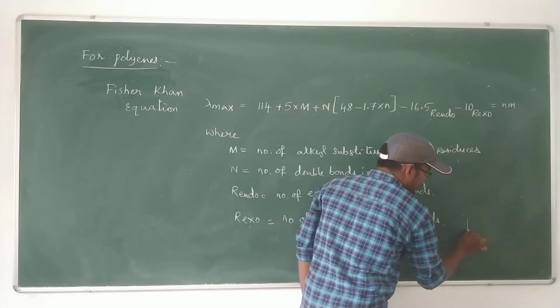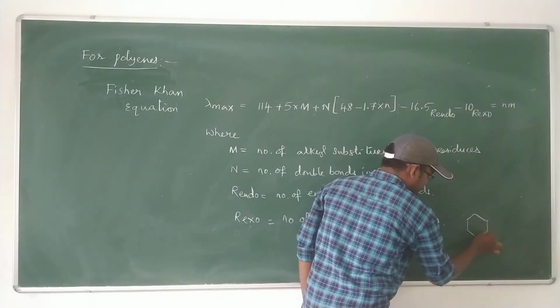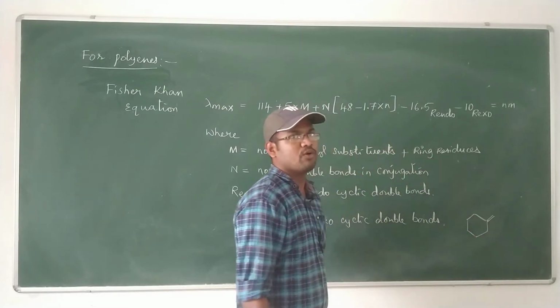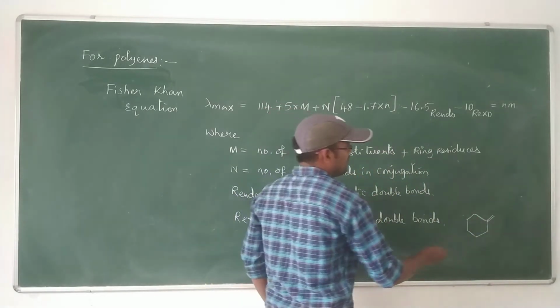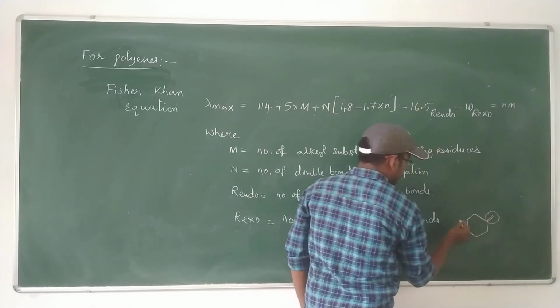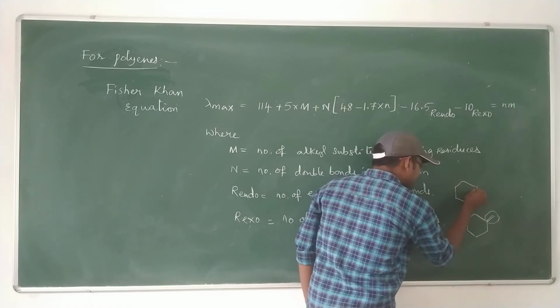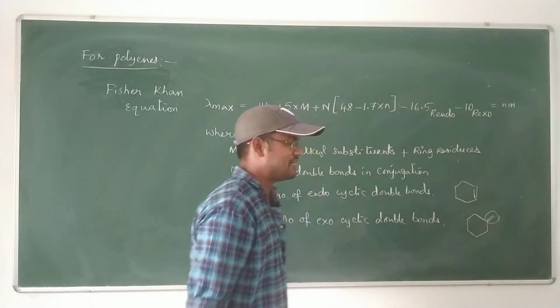Exo means the double bond which is present outside of the ring. That outside double bond must be conjugated with the ring double bond. This is exocyclic. Endocyclic means the double bond which is present in the ring only.